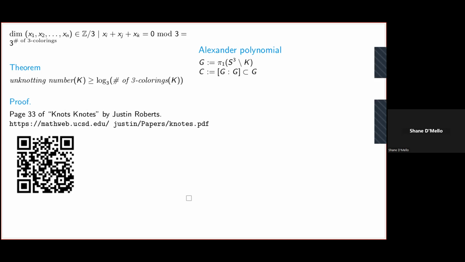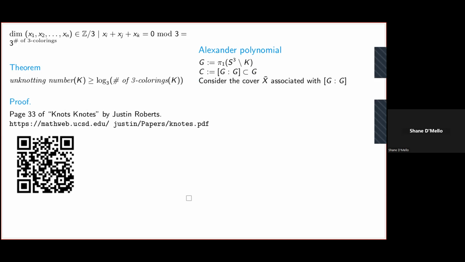Here's an interesting property that the space around knots has, and that is the following: if you look at the commutator subgroup of the knot group, I'll use C to denote it, though it should really be G comma G, sorry, I'll use this notation.